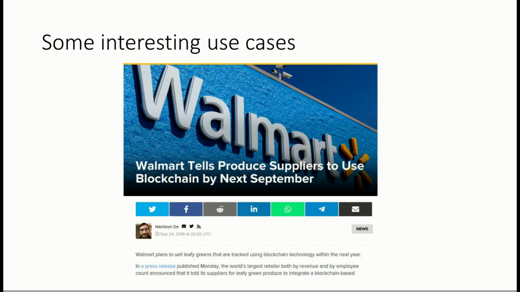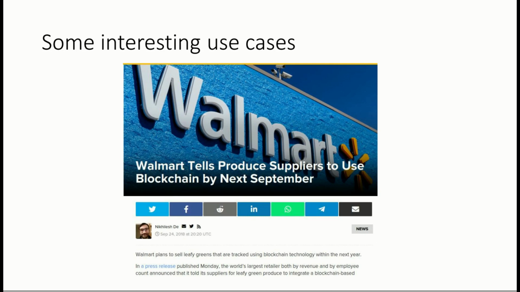One of the most overlooked news stories in blockchain in the few recent years, I think, has been what Walmart has been doing with blockchain. In late September 2018, Walmart came out with a press release and they announced to all of their leafy green produce suppliers, hey, if you want to keep doing business with us, if you want us to keep selling your produce in our stores, you have until September 2019 to be on blockchain.